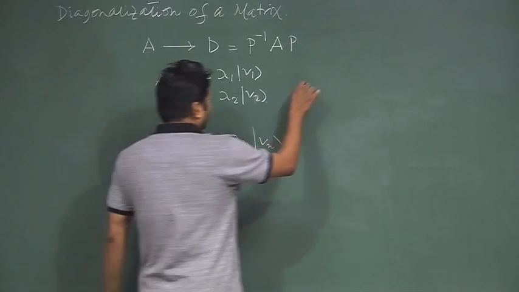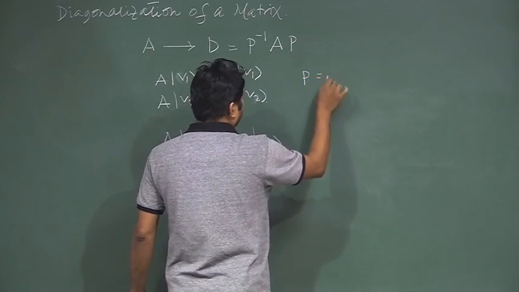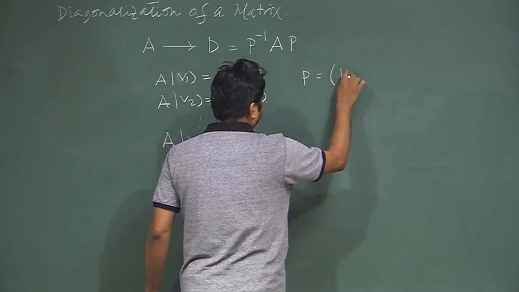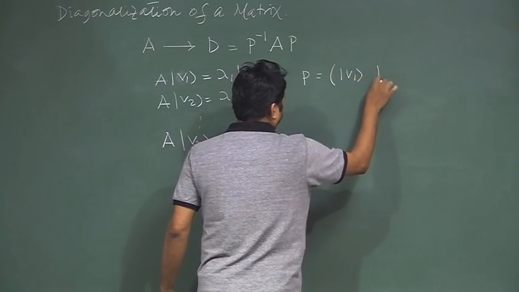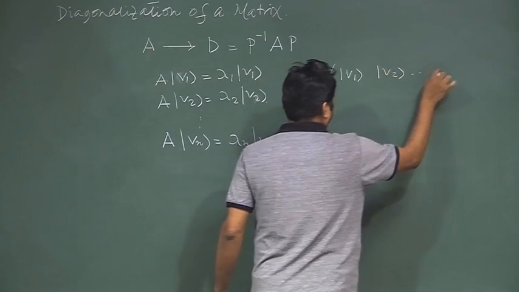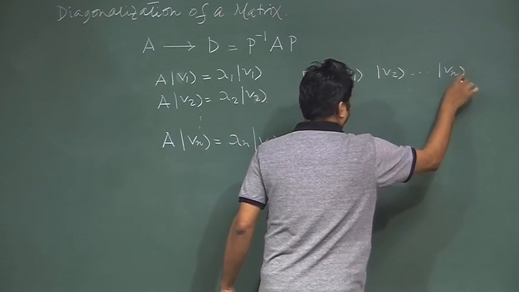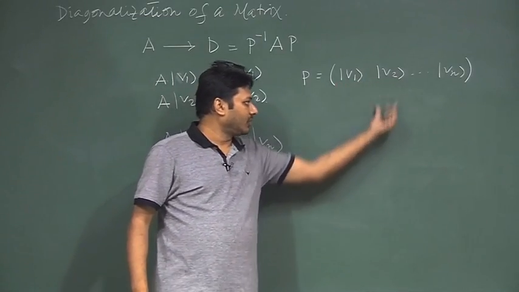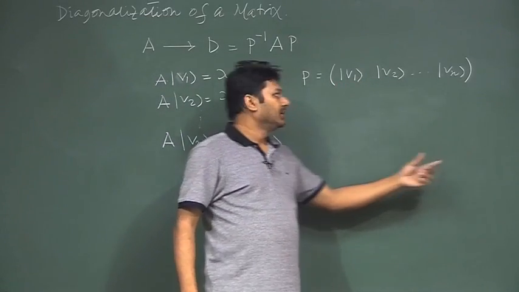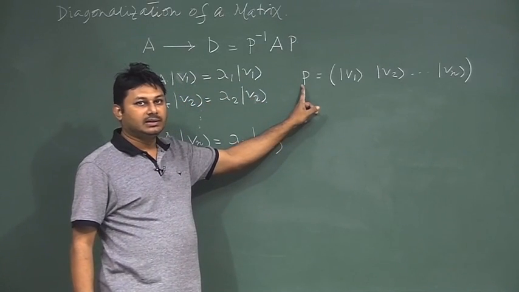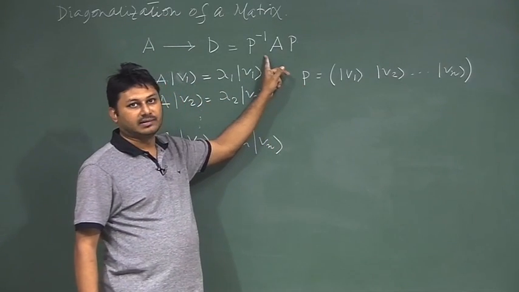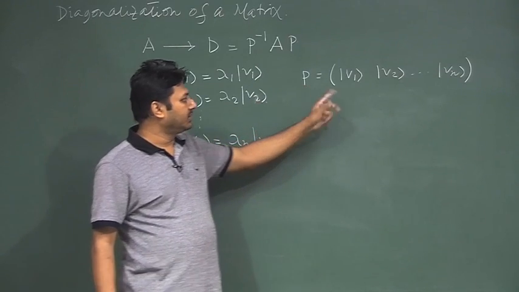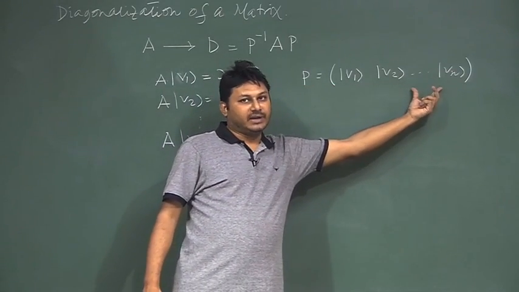Now, if I form P by putting these vectors as column vectors, one in each column, then I can form a matrix P. This is the P which can diagonalize. So I need to form a P made of the corresponding eigenvectors in this form.